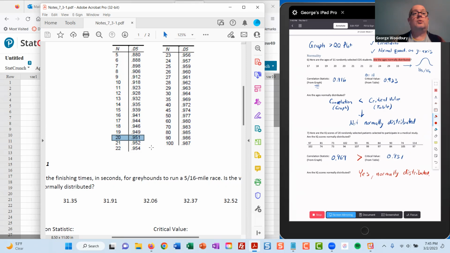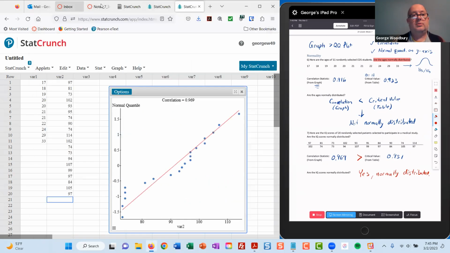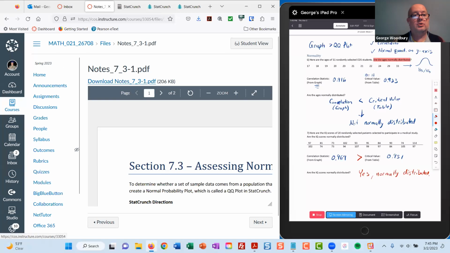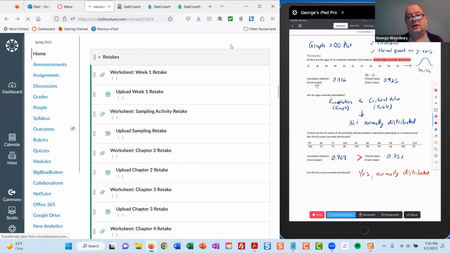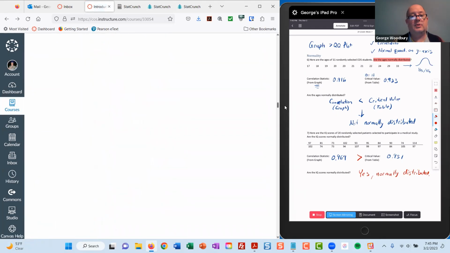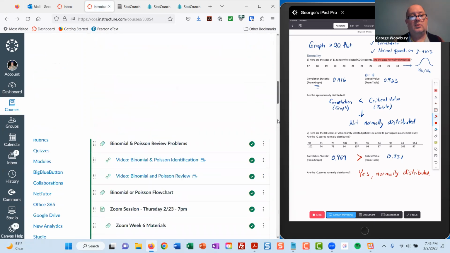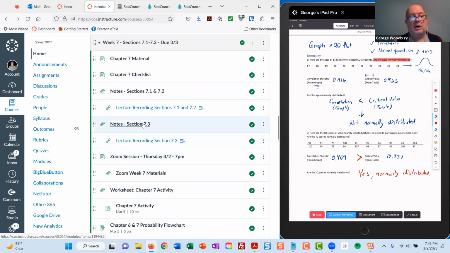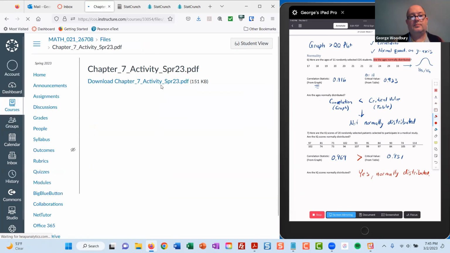So if we were to look at the chapter 7 activity, you're going to notice that it's kind of similar to what we've done here.